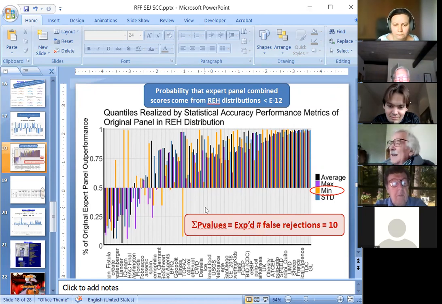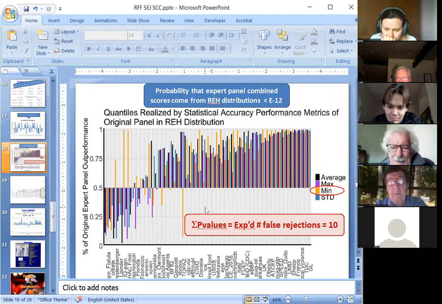So the idea is if there is an expert effect on the minimum, then the worst expert in the panel is going to be worse than anything that you can generate by scrambling them around, right? But then he would be here at the bottom, but I want him at the top. So I take 1 minus that and plot that up here.